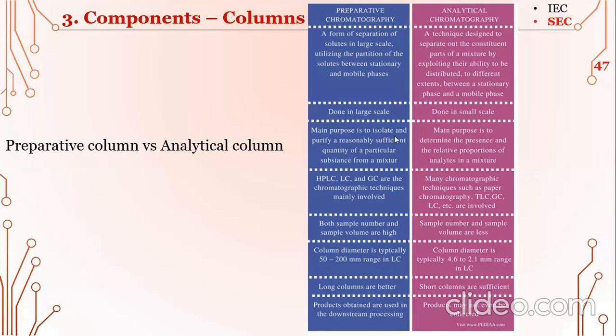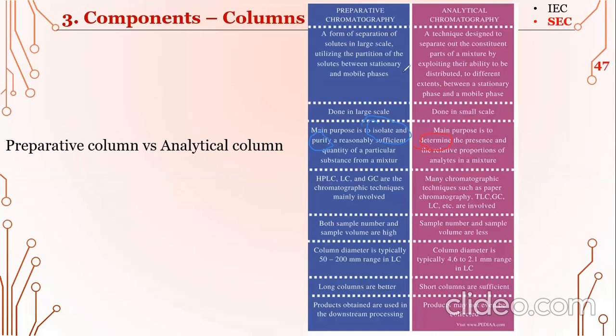Second, the main purpose is to isolate and purify a reasonably sufficient quantity of a particular substance from a mixture. So keep in mind what it says: isolate and purify, isolate and purify. So in this case, we are isolating and purifying, but here the main purpose is to determine the presence of a relative proportion of analytes in a mixture.